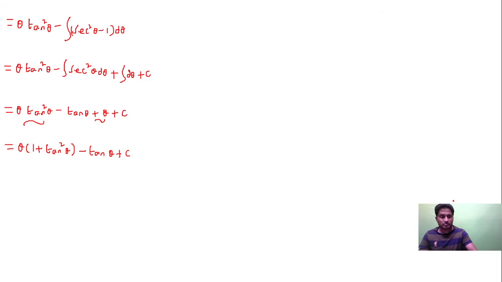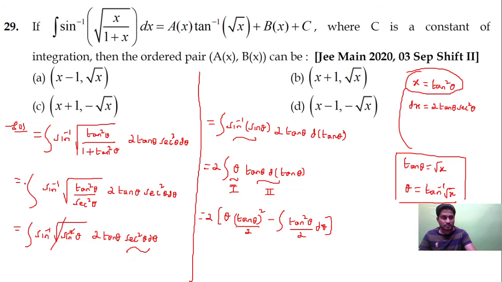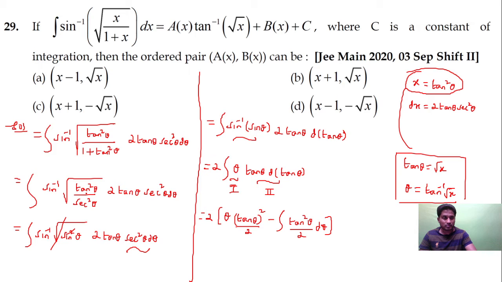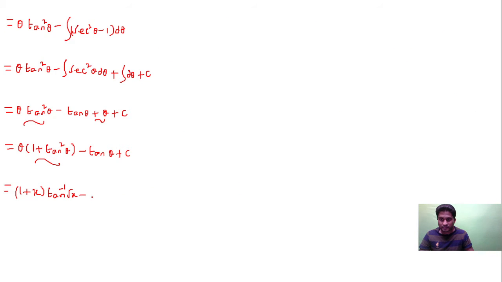Now if I substitute here, theta is tan inverse of root x, and tan square theta will be equal to x, so this becomes 1 plus x. Theta will be tan inverse of root x, and tan theta is root x, and then plus c.